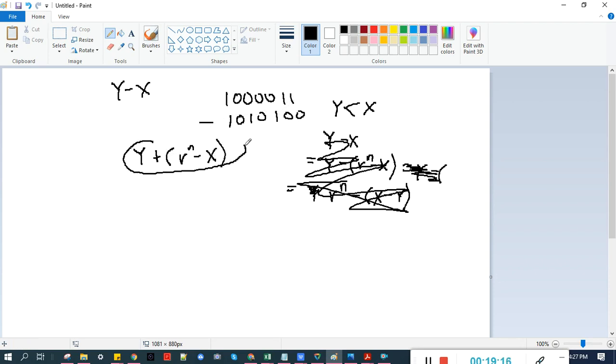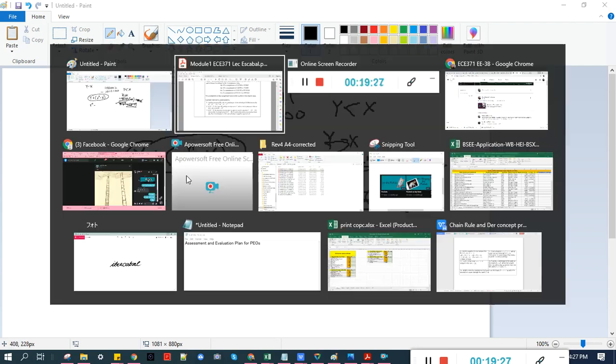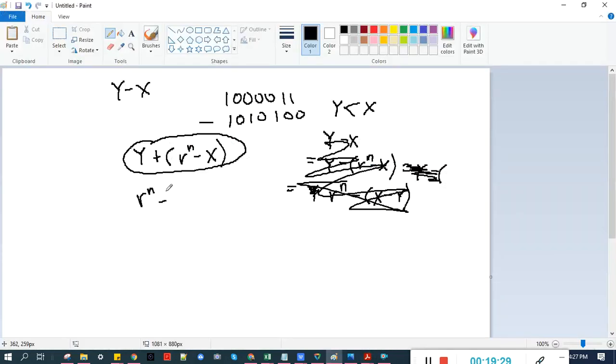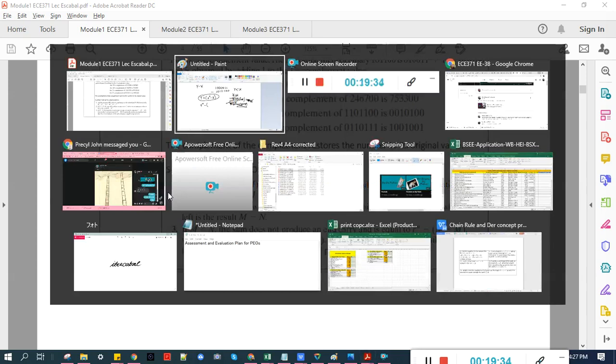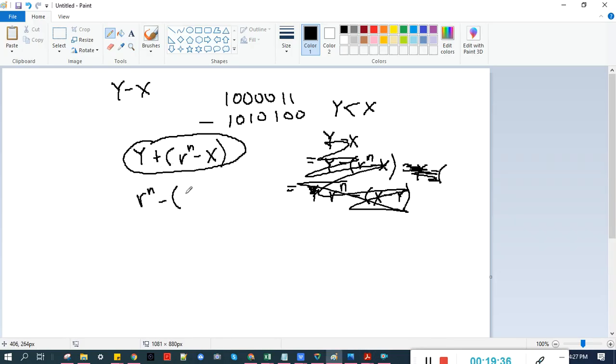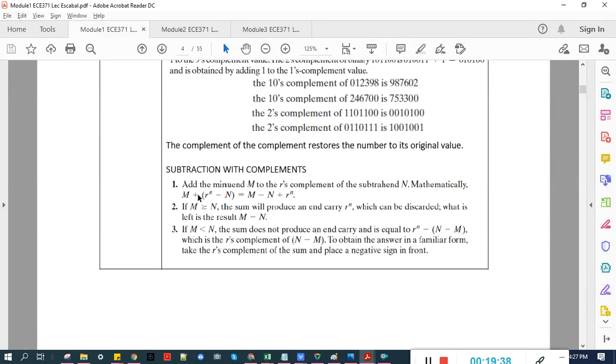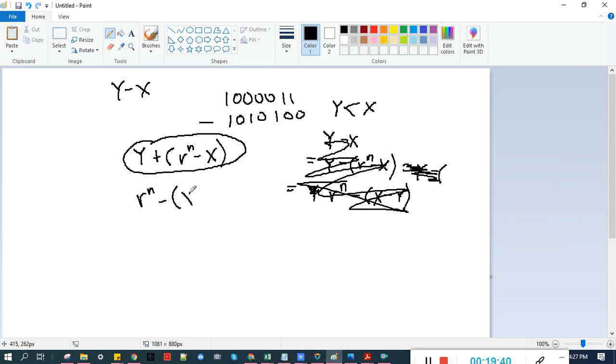We know that the result of this will not produce an end carry, so rearranged it becomes r to the n minus... just confusing.